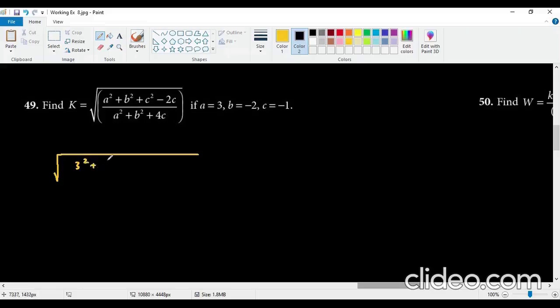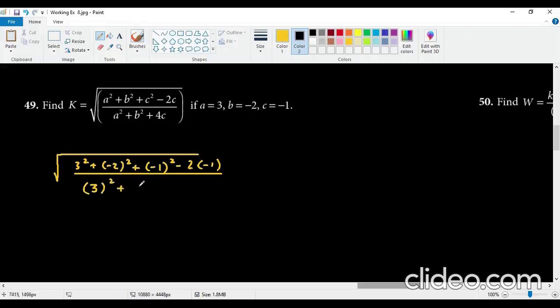Like a is 3, that means 3 squared, plus b is negative 2, which is also squared, plus c value is negative 1, also squared, minus 2 times the c value, negative 1. The whole thing is going to be the numerator. As a denominator, a squared is going to be negative 2 squared plus b, which is actually 3.